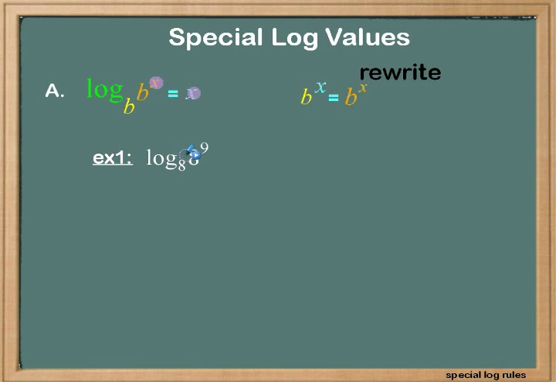So that means that in our example 1, the log base 8 and the 8 of the number, if they match, it means that we already know the evaluation. It means that this log is evaluated at 9. And that's our answer. So that's how easy it is. A match here means that we already have our answer. I knew you'd like that.